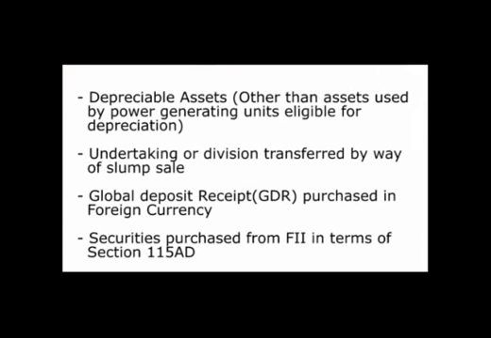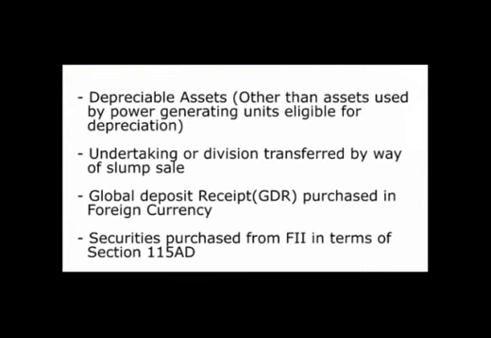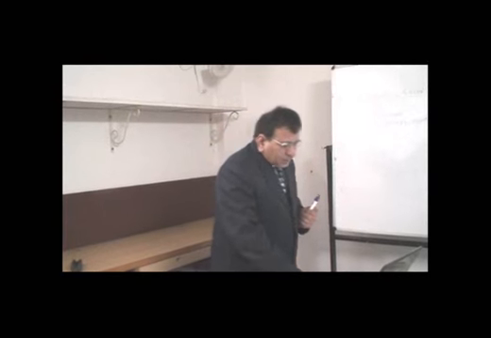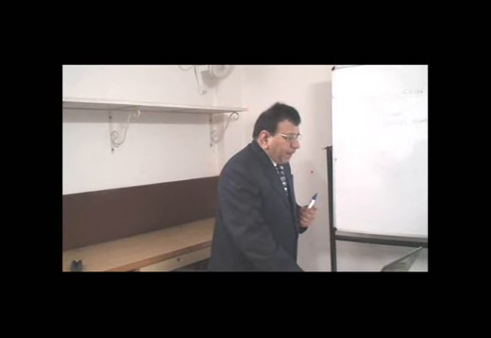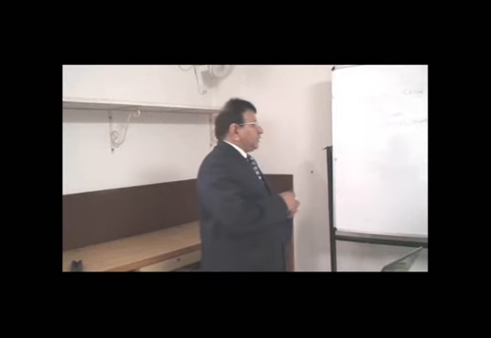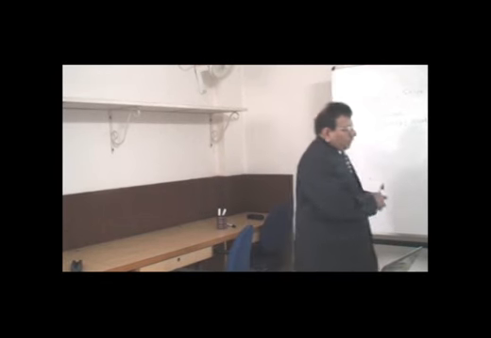The next case is the GDRs, the global depository receipts purchased in foreign currency; no indexation benefits are available. And the last is the securities purchased from the FIIs in terms of section 115AD. So this is a small list of items in respect of which the benefits of indexation are not available.